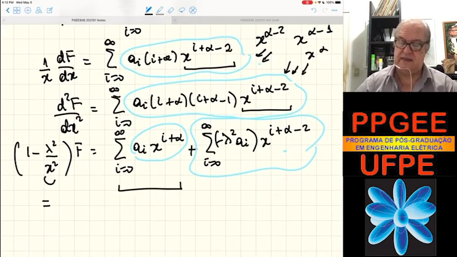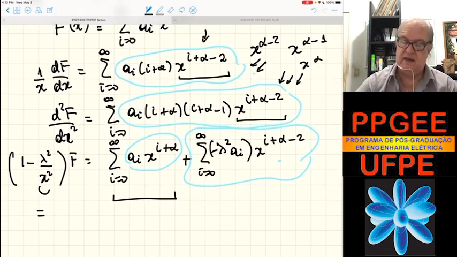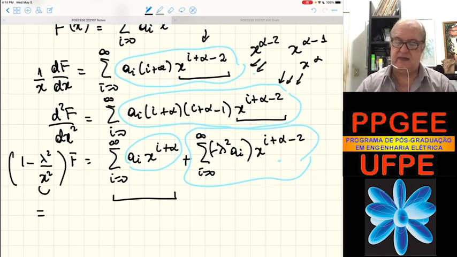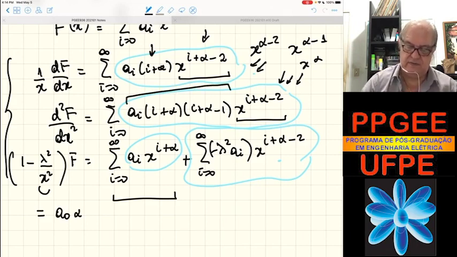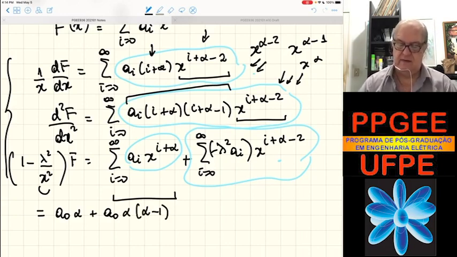So we have to isolate the terms i equals 0 and i equals 1 for these three series here. It's going to be A0, i equals 0, alpha. This one is going to be A0 alpha minus 1, right?